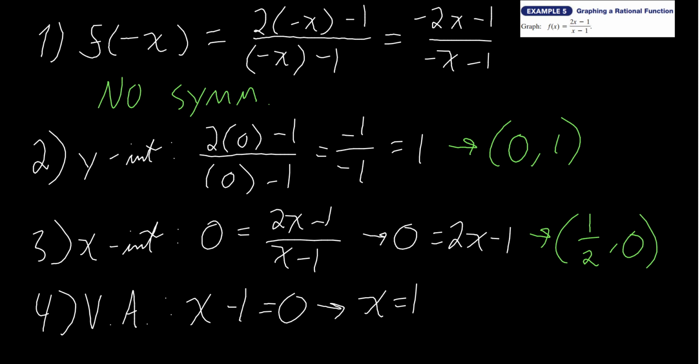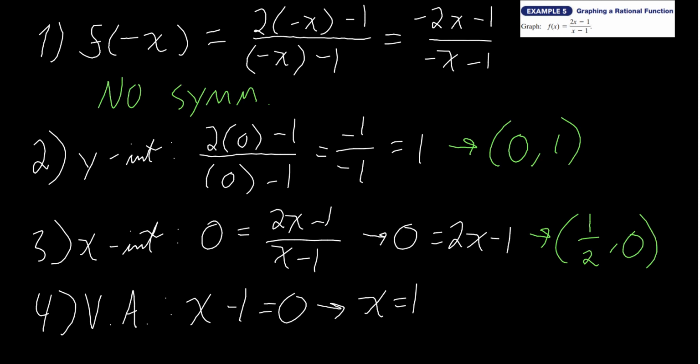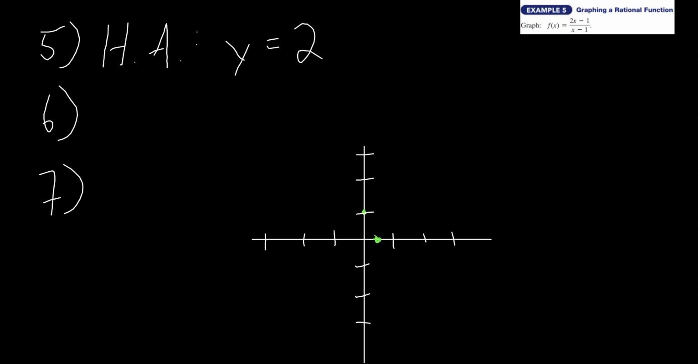My x-intercept is at (1/2, 0), so about right, maybe around there, counting the ticks. That's my x-intercept. My vertical asymptote I said was at -1 and +1.